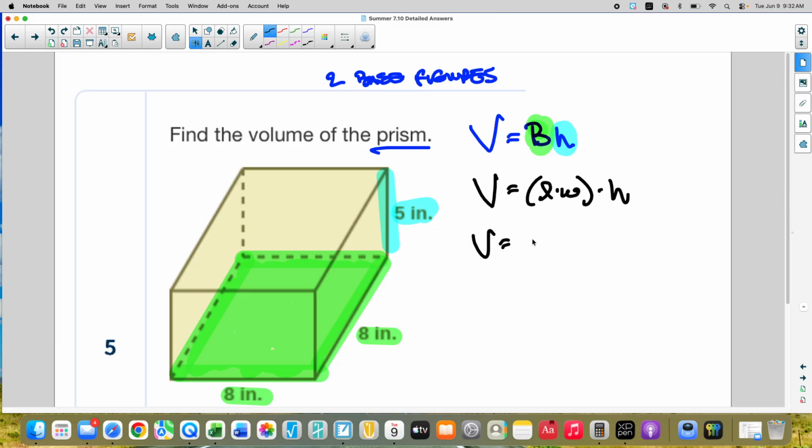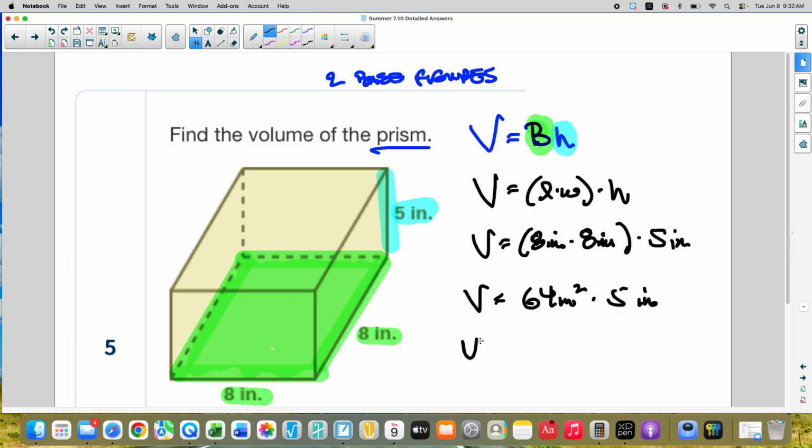My length is 8 inches times my width is 8 inches times my height of the object, which is 5 inches. That gives us 64 inches squared times 5 inches gives us 320 inches cubed.